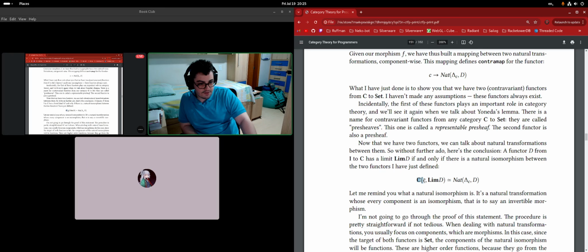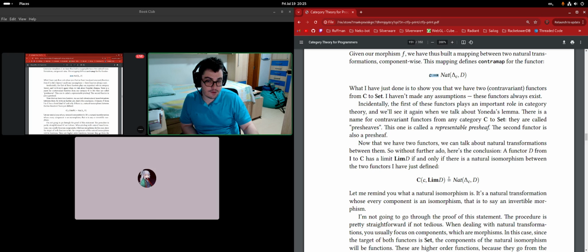So this is a functor and this is a functor. That's what it's saying? That's kind of confusing. D has a limit lim D if and only if there is a natural isomorphism. Oh, it's confusing. It's because both of those have the common factor of going from C to them.